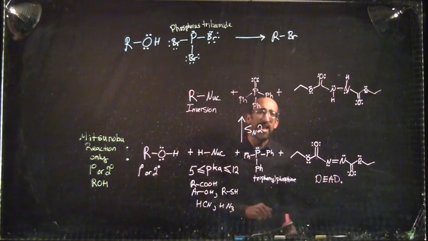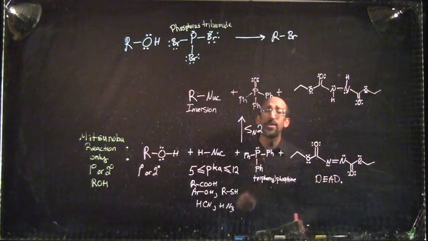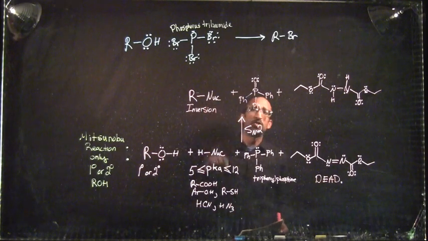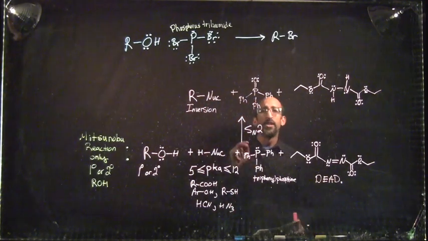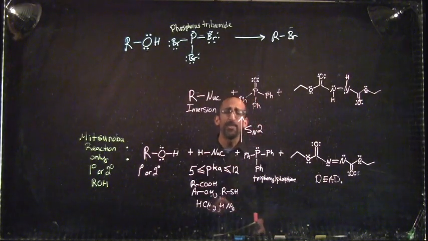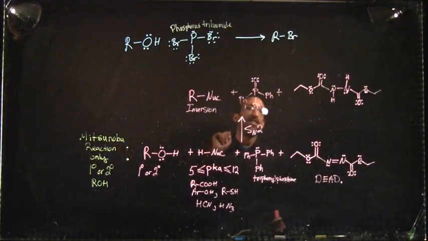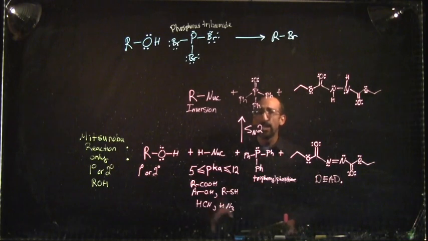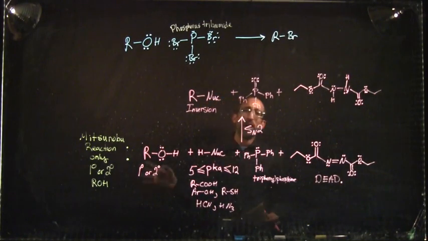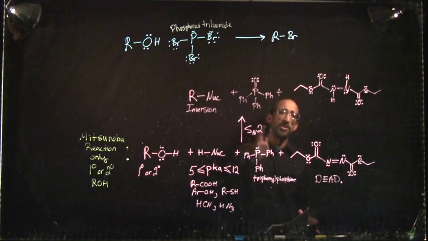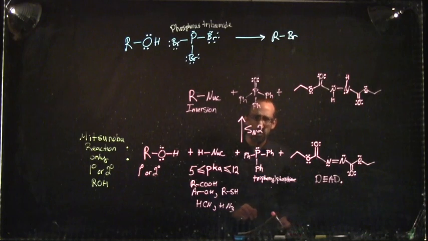And we've seen three last ones that don't fall into those first three categories: the use of phosphorus tribromide to convert an alcohol to an alkyl bromide, the use of thionyl chloride and a weak base to convert alcohols to alkyl chlorides, and finally the Mitsunobu reaction. We've seen the starting materials and products for all of these transformations.